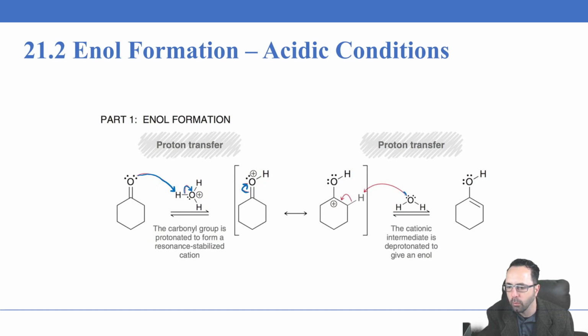Remember, when we deprotonate, this is acid catalyzed, so we have to recover the acid. We're going to grab the alpha proton, and then the 2 electrons in the bond between the carbon and the hydrogen become the pi electrons in our double bond. And now this is an alkene. It's an enol, but it's like an alkene, and this can undergo the kinds of reactions that alkenes undergo.